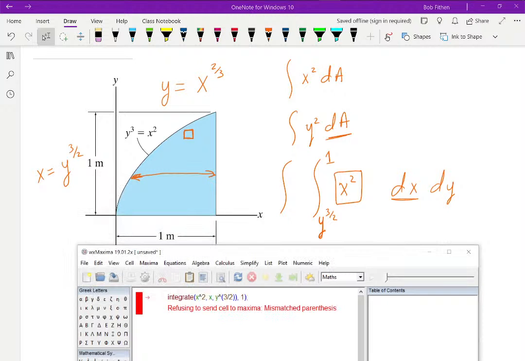Okay, let's see what we get. Let me stare at that a minute. There's an extra parenthesis, I think. Up, shift enter.